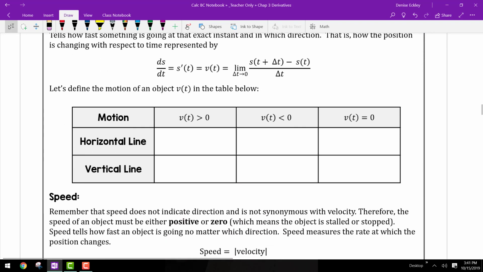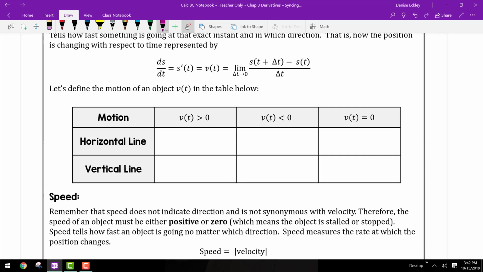So, of course, here is our definition of the velocity function. It's ds/dt, or s prime of t, and it is the limit as the change in t approaches zero of our difference quotient. So let's see which direction a particle will be moving depending on the sign of our velocity function.